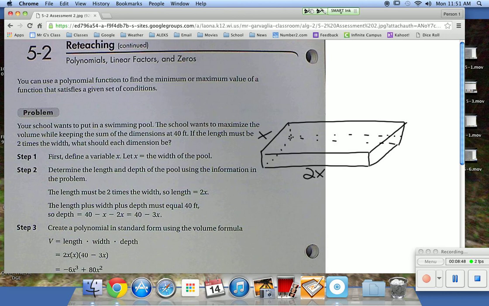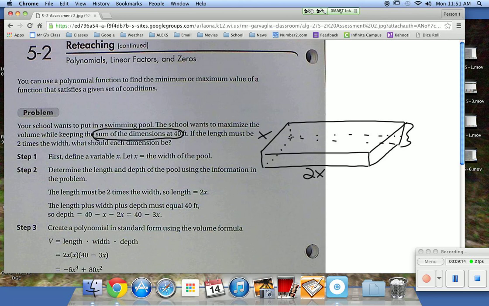Our depth is going to be what? 40 minus 3x, or 2 times our width and 2x plus 3x. So remember it says it's the sum, right? Where does it say this? The sum of the dimensions are at 40.